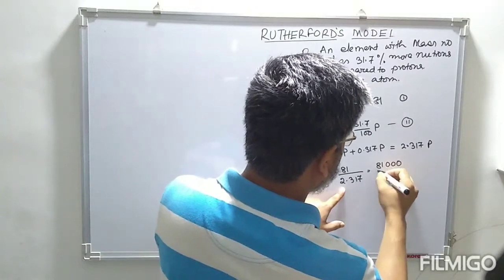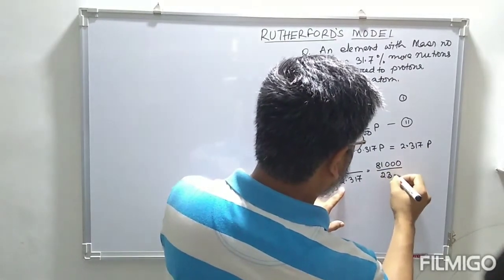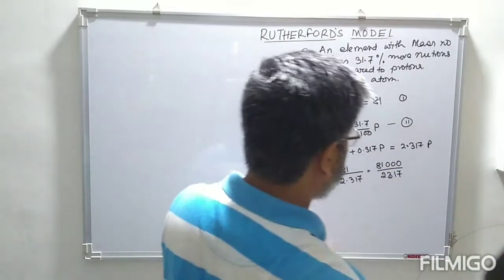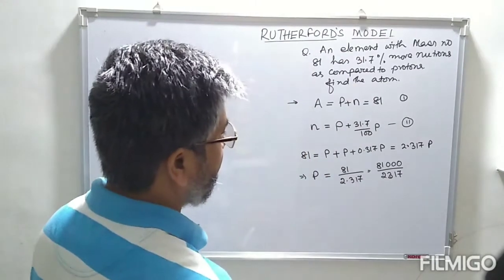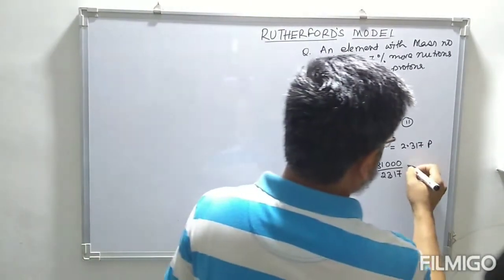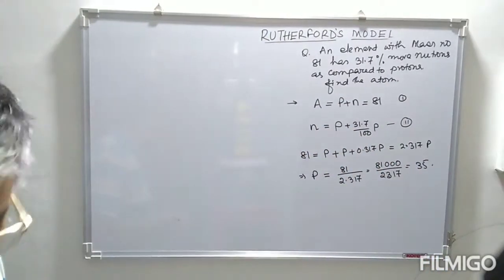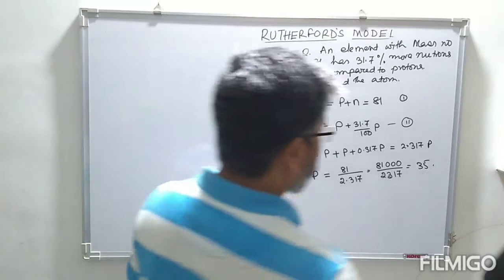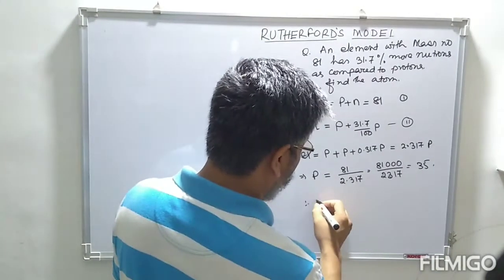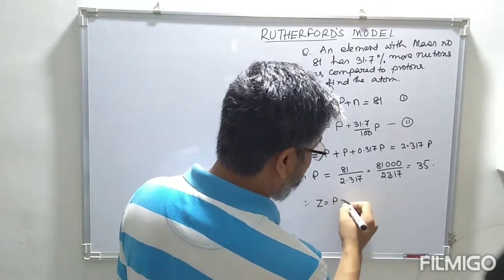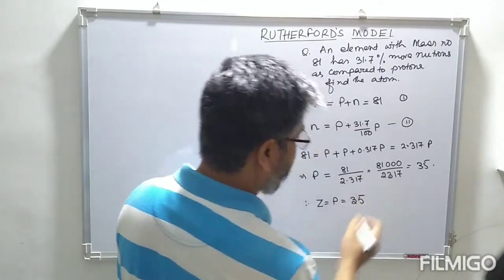That is 8100 divided by 2317. So this will come around 35. So proton is 35. Therefore, atomic number, which is equal to proton, that is 35.